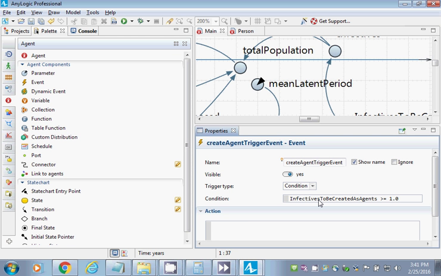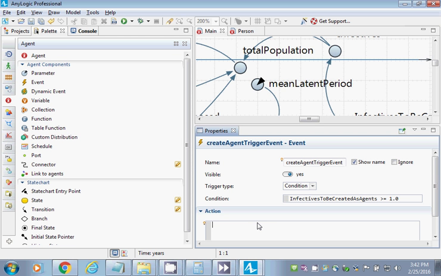Okay. int count agents to be created equals int of infectives to be created as agents. There we go.